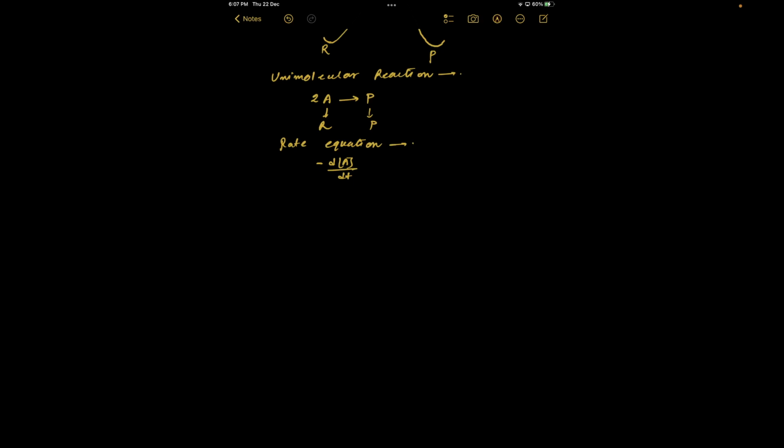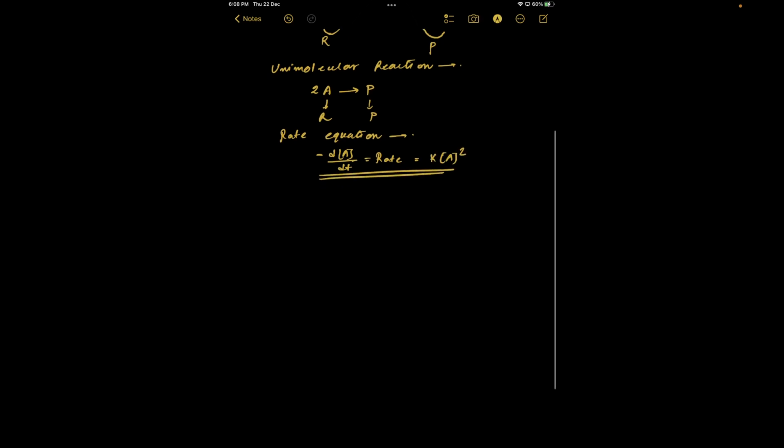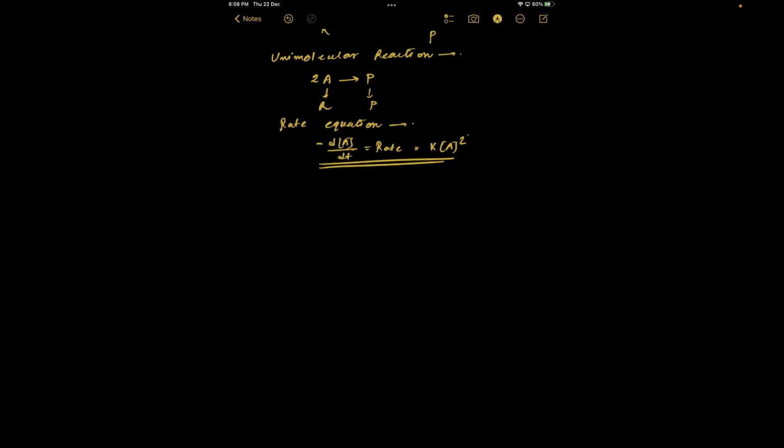The product is forming and the reactant is disappearing, so the concentration of A is decreasing, that's why the minus d[A]/dt, which is the rate of disappearance of A, will be equal to some rate constant k times concentration of A squared, right? So this will be the rate equation for this type of reaction. This is the rate constant, and this is the order of the reaction.